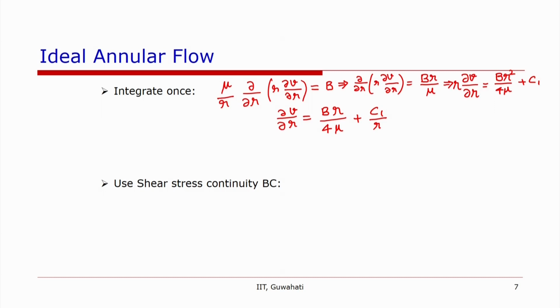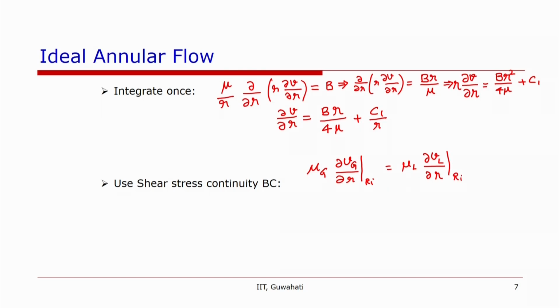Using the shear stress continuity boundary condition at the interface, we will have μ_gas ∂Vg/∂R at Ri is equal to μL ∂VL/∂R at Ri.